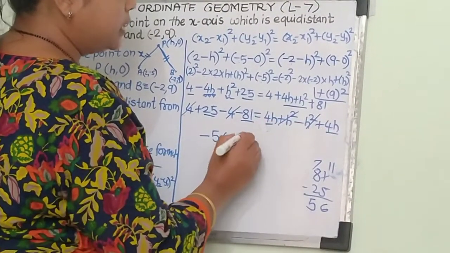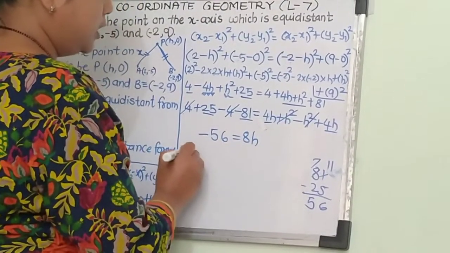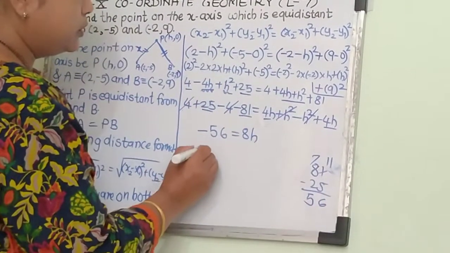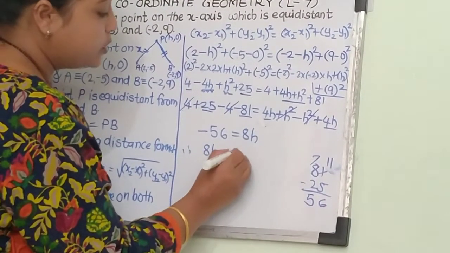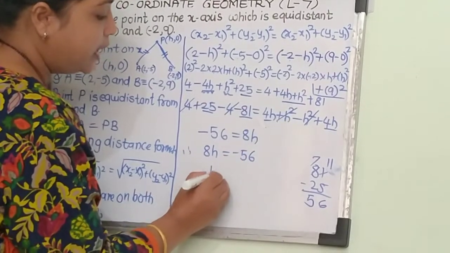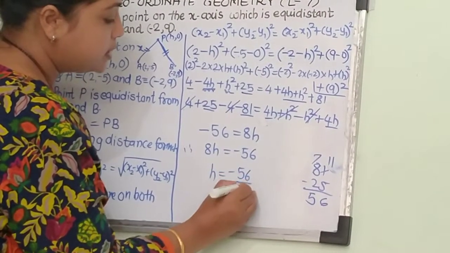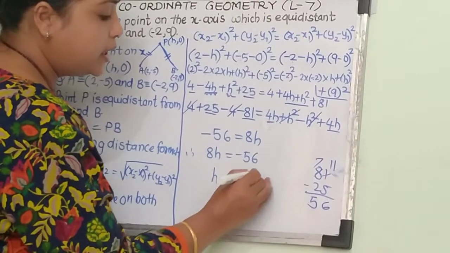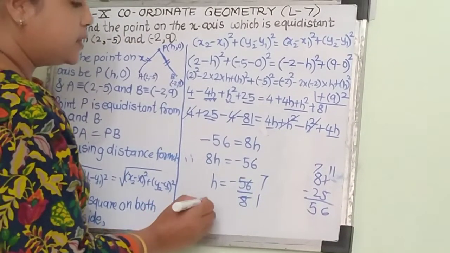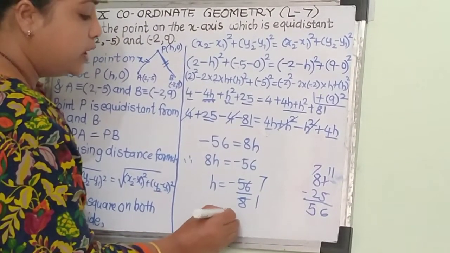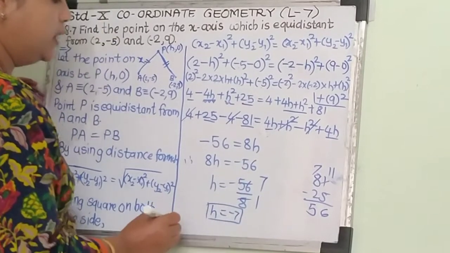4h plus 4h, that is 8h. So we get here therefore 8h equals to minus 56. H equals to minus 56 upon 8. 8 ones are 8, 8 sevens are 56. So h equals to minus 7.